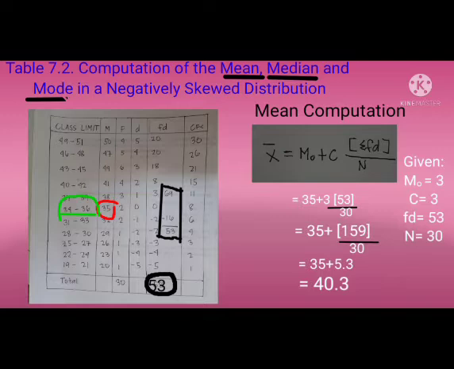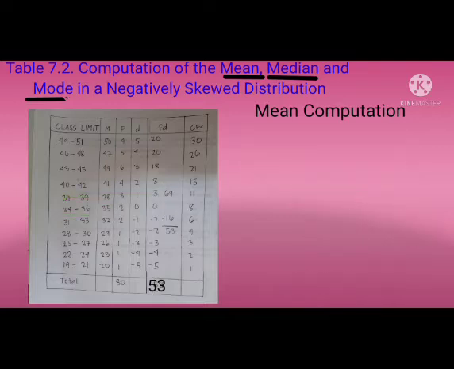So our mean in a negatively skewed distribution based on the Table 7.2 data computation is 40.3.